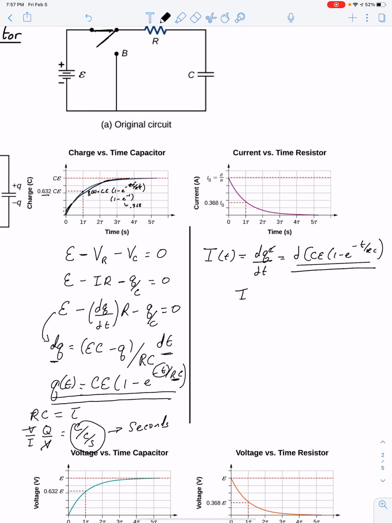It results in this: current with respect to time equals EMF, the voltage of the battery, over resistance times e to the negative time over RC, or tau. And this is your equation for current. I realize that they don't actually give you this in the PRC, so you're going to have to make sure that you understand how to derive it, or at the very least, how to get to this point. The same goes with current with respect to the graph, right?